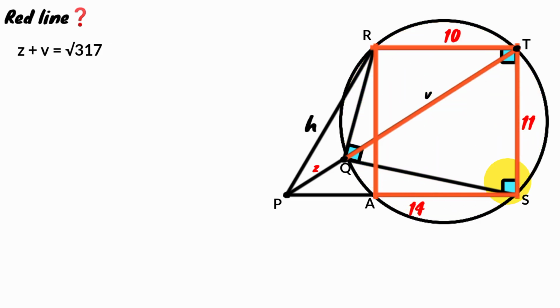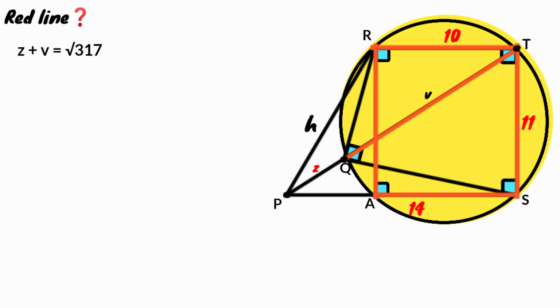So since this is a right angle, based on the property of a cyclic quadrilateral, that opposite angles are supplementary, this angle must also be a right angle, and since this is a right angle, this must also be a right angle. Back to this quadrilateral ARST, all 4 of its angles are right angles.